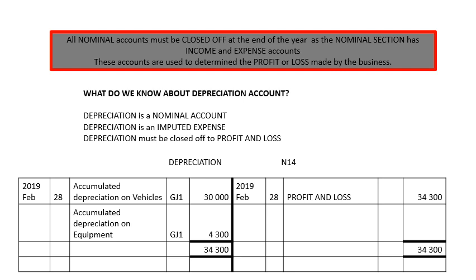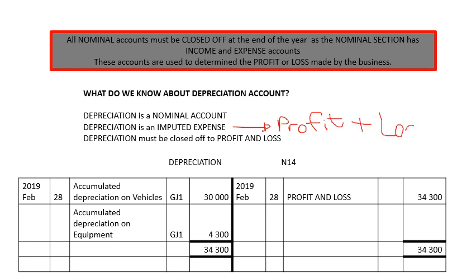So what do we know about the depreciation account? We know it's a nominal account. We also know it is an imputed expense. And we know that expenses go to profit and loss. Because depreciation is an expense, and expense will be closed off to your profit and loss account.